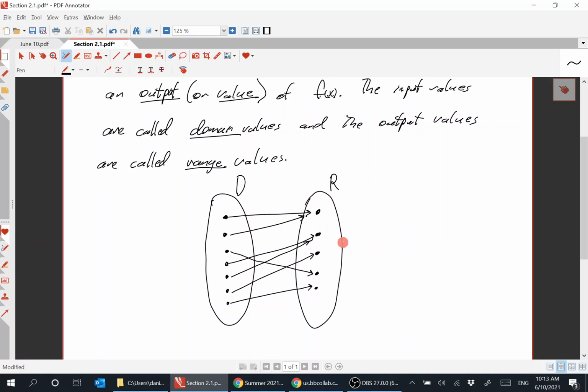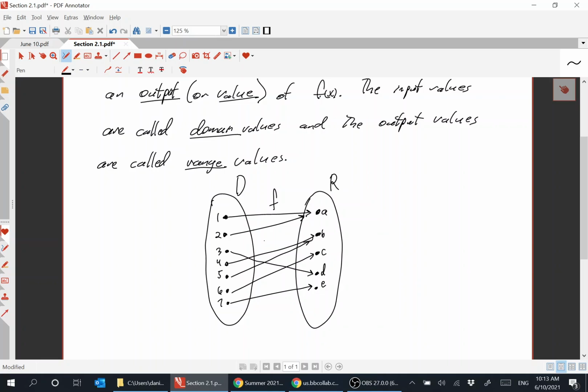So let's give these things some names. We'll call these 1, 2, 3, 4, 5, 6, 7, and then we'll call these A, B, C, D, E. And these arrows represent function f.